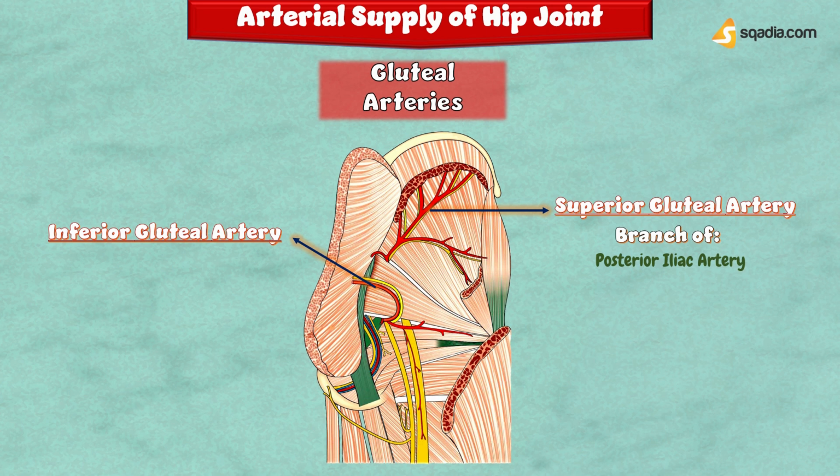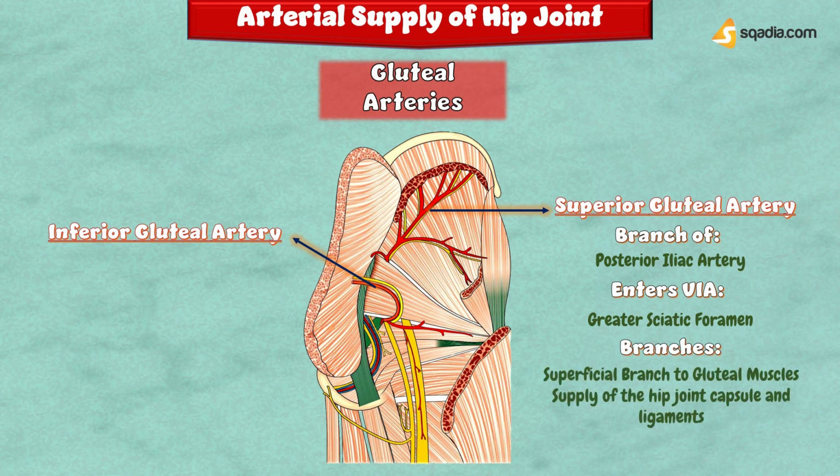It travels through the greater sciatic foramen, a bony opening in the pelvis, and supplies blood to the gluteal muscles, including the gluteus maximus, medius, and minimus, as well as the tensor fasciae latae muscle. It also contributes to the blood supply of the hip joint capsule and the ligaments that stabilize the joint. The inferior gluteal artery also arises from the anterior iliac artery and travels through the lesser sciatic foramen.